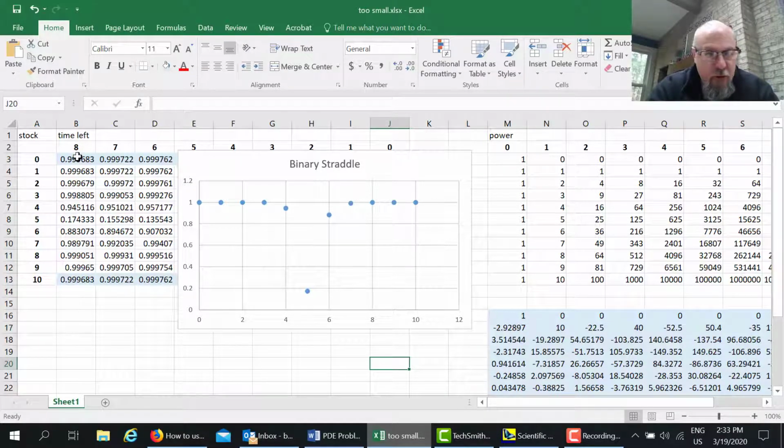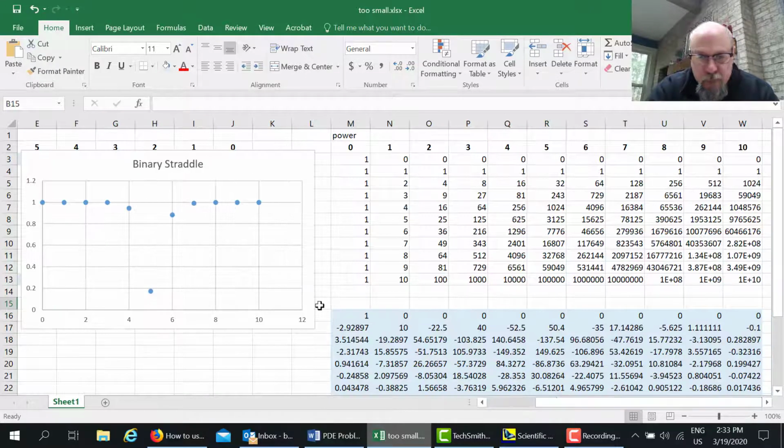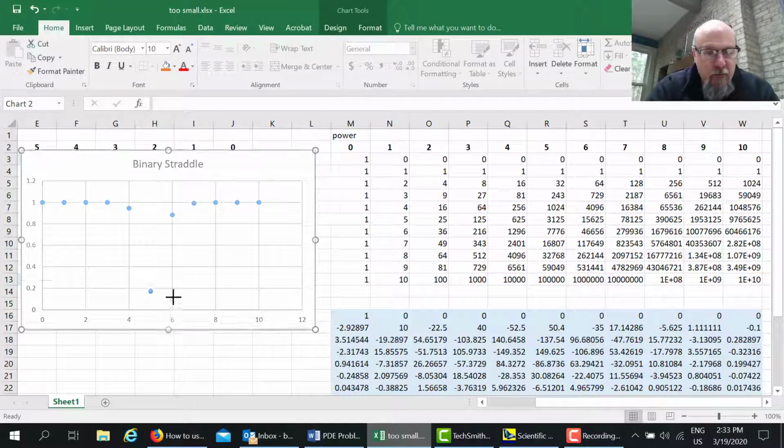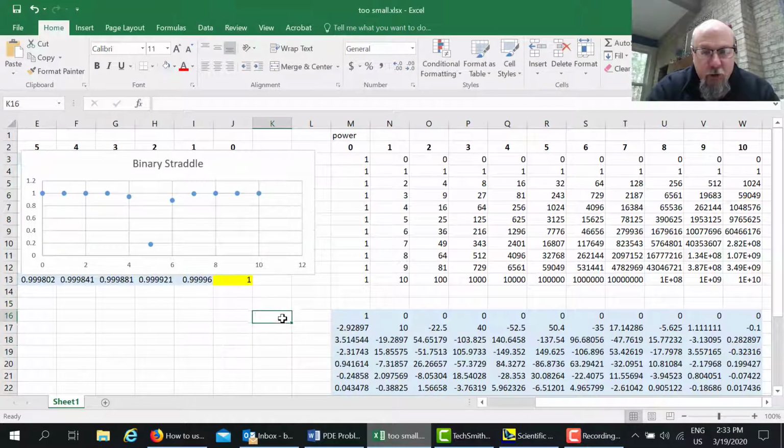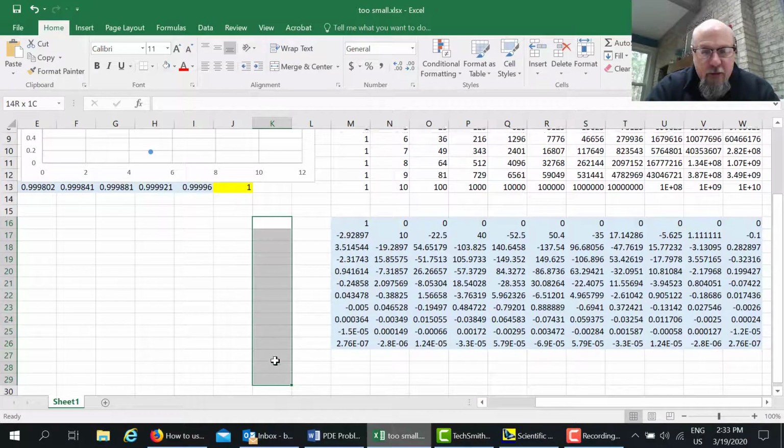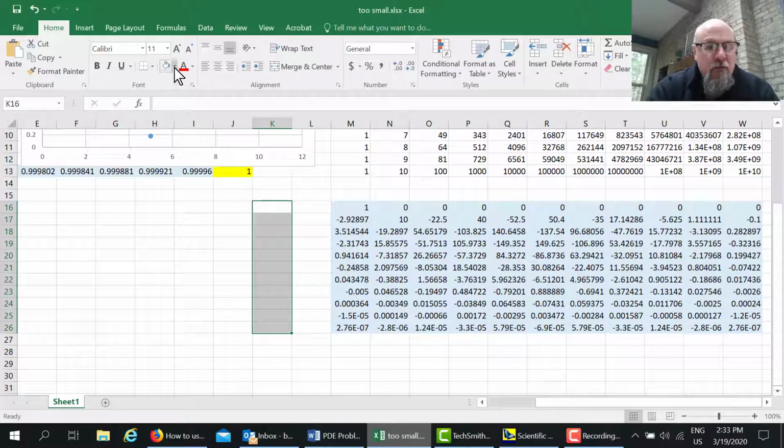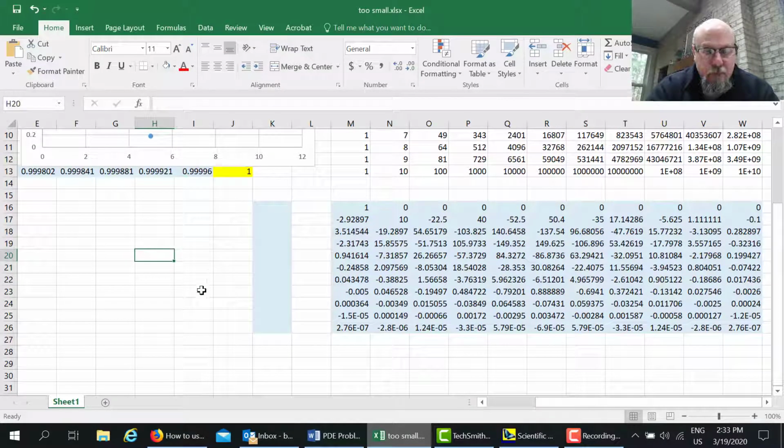The place to put it is going to be 1 by 11. Let's make this a little bit smaller. Let's put it right here, because I know that that's the right size.